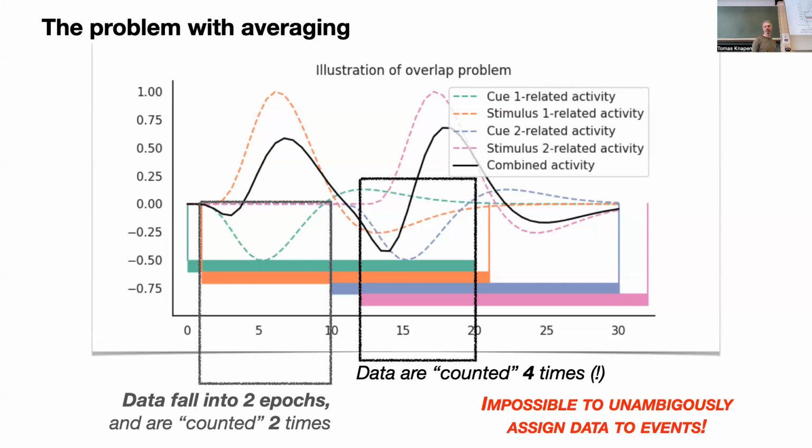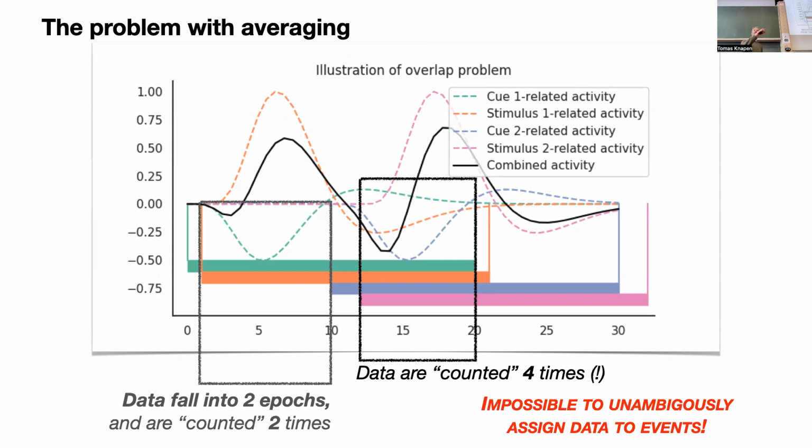So the point here is, and I hope this clarifies things a bit, to unambiguously say this is the response to this event or this type of event becomes impossible, right? Because you're mixing everything together in quasi-random ways. So a huge problem.